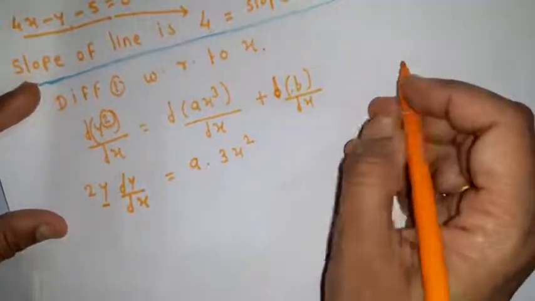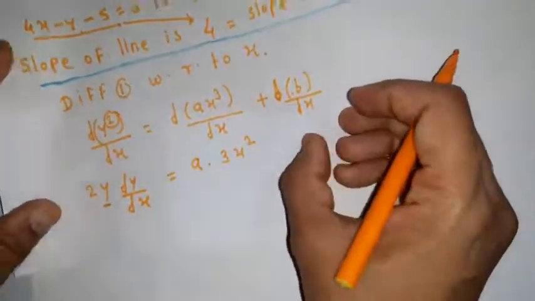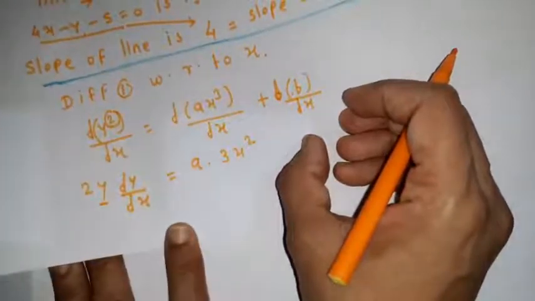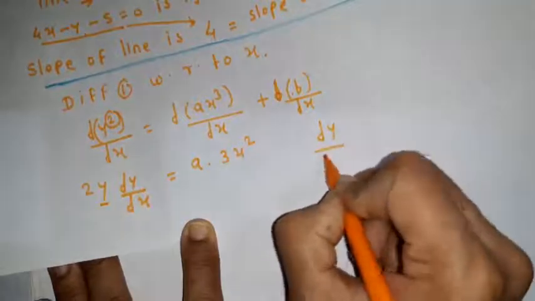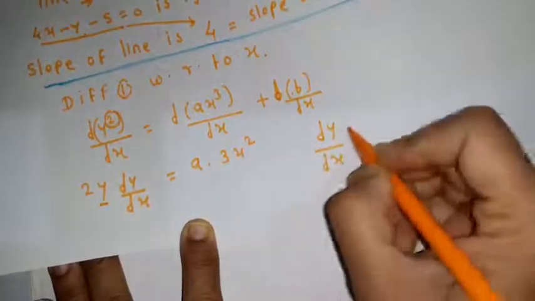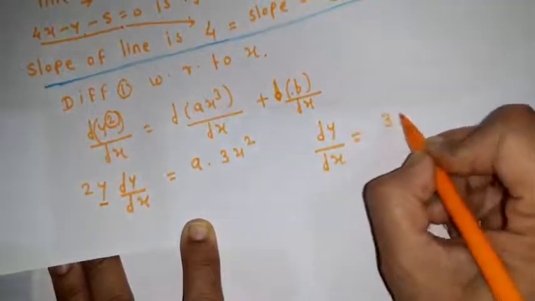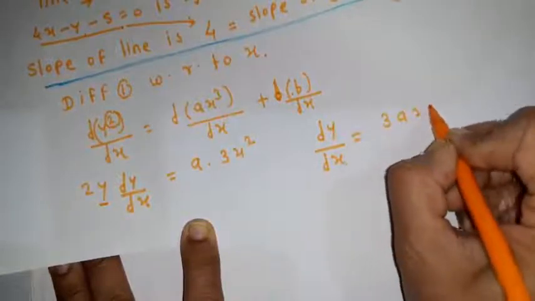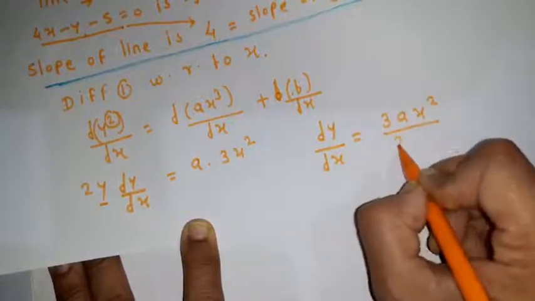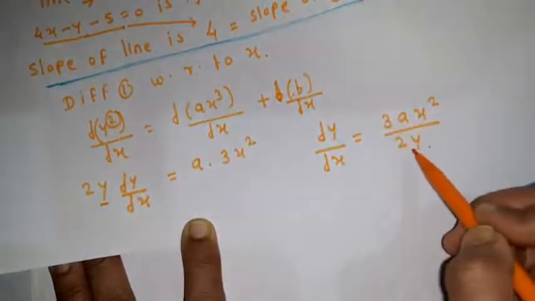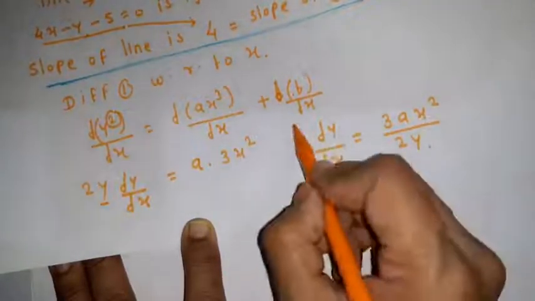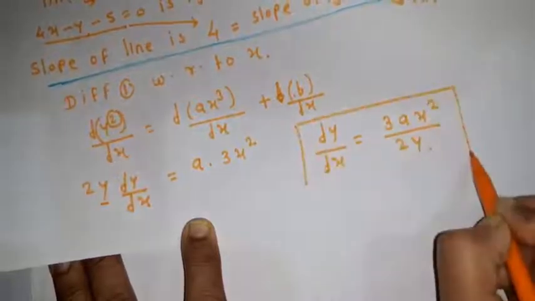Okay, and here dy by dx equal to 3a x square upon 2y. This is dy by dx.